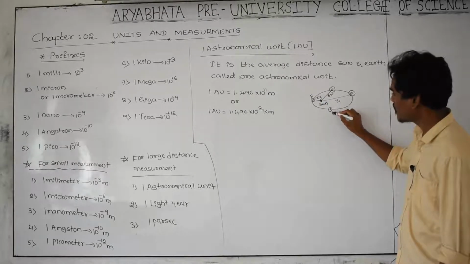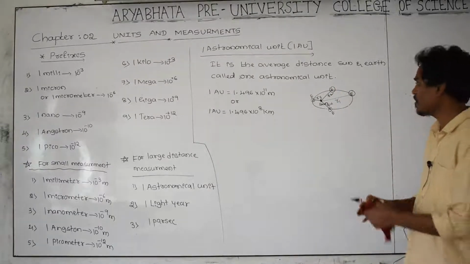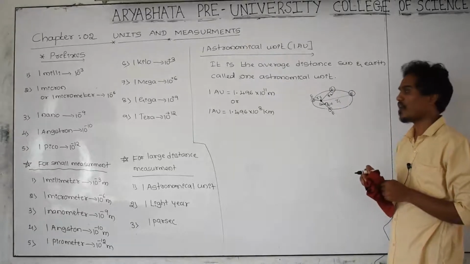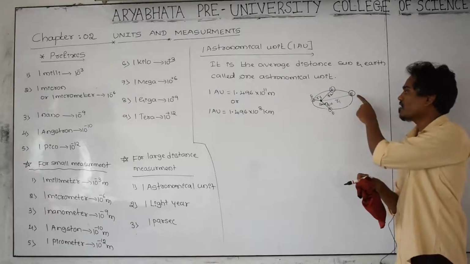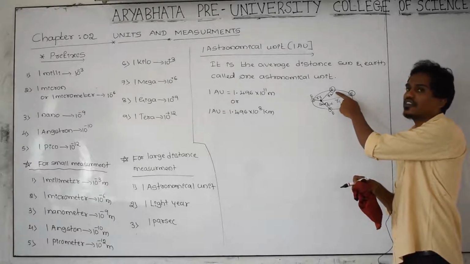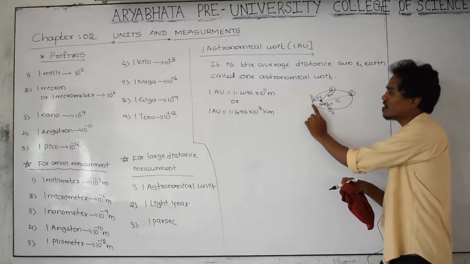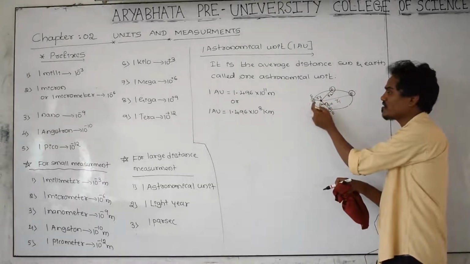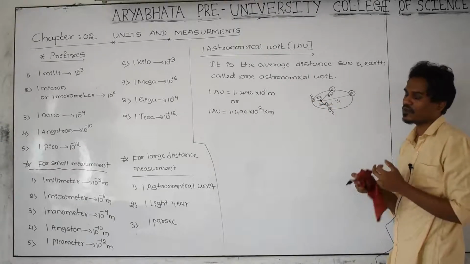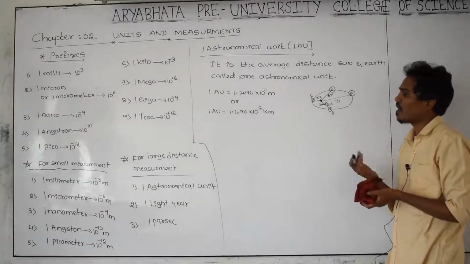At this point it is R3, and at this point it is R4. The Earth continuously revolves around the Sun in an elliptical path. Whenever the Earth is at these points, the distances are R1, R2, R3 and R4.